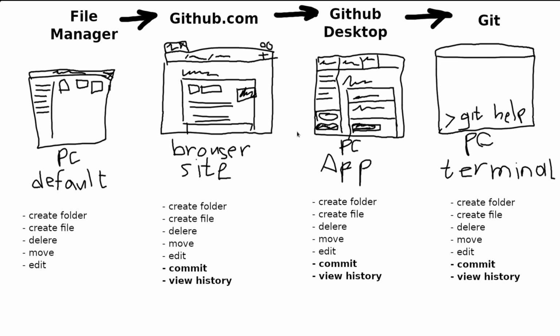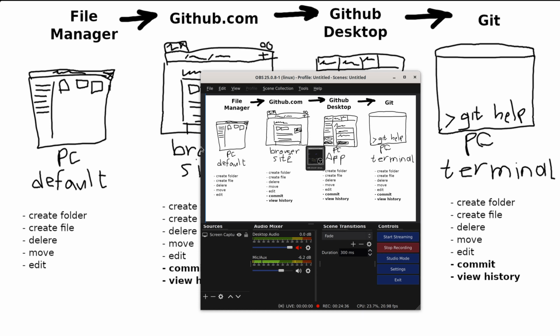But for now, the features that I described about Git are enough for you to start using Git. Just start using it, start practicing it, and go from there. That's it for now.